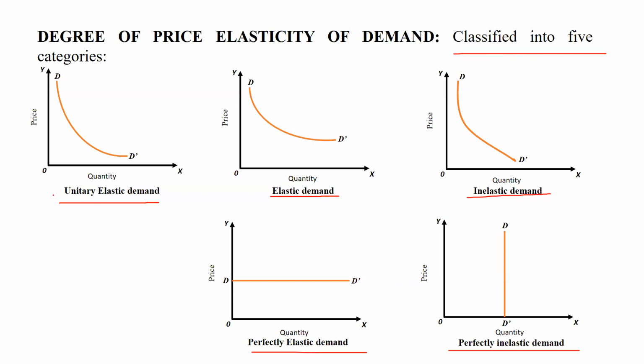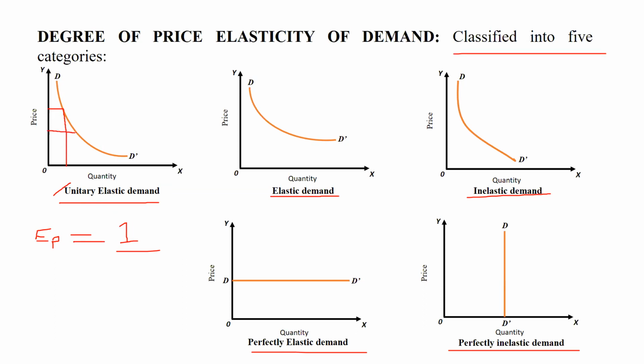First of all, we must understand this term, unitary elastic demand. That means if we calculate this elasticity, whatever the value of percentage change in quantity and percentage change in price, the answer would be 1. That is why we call it unitary elastic demand. Say this is the price and this is the quantity demanded.